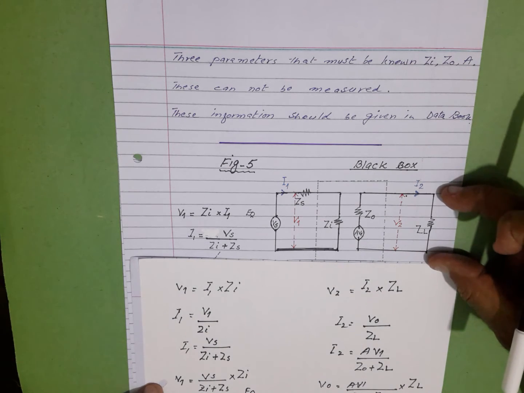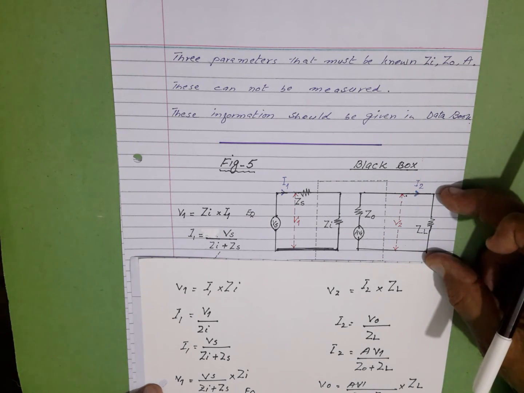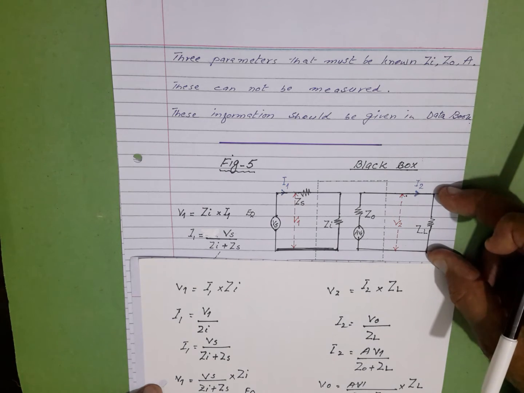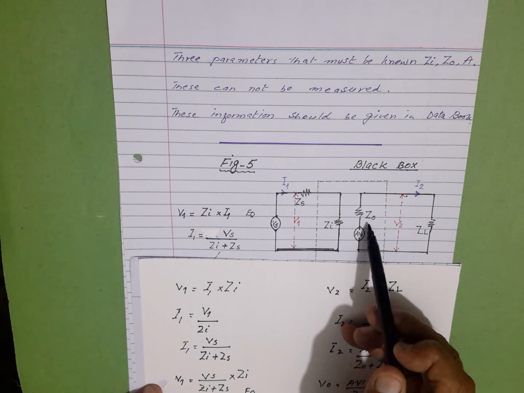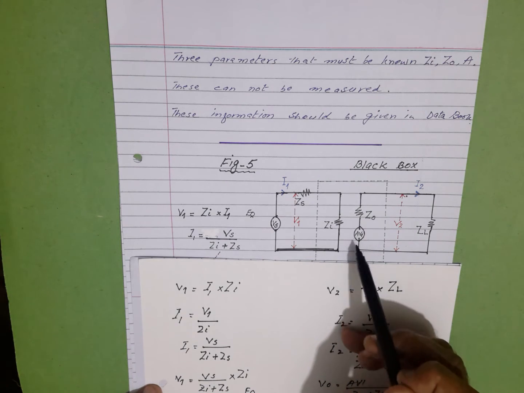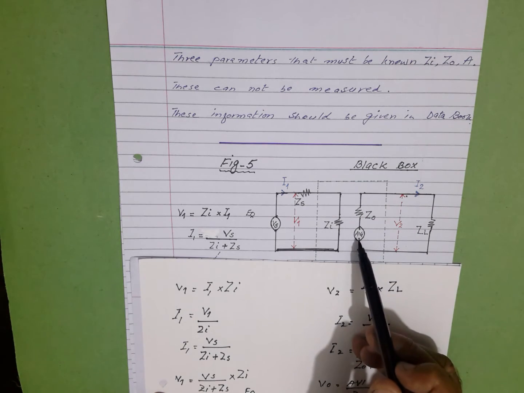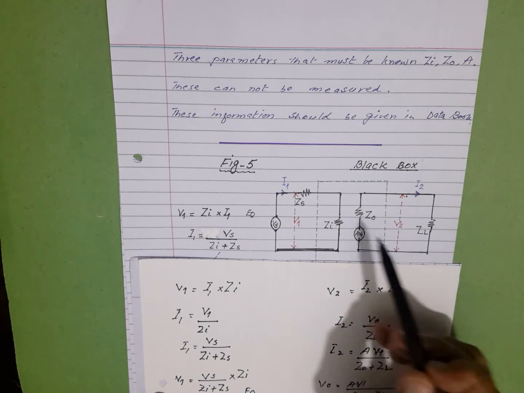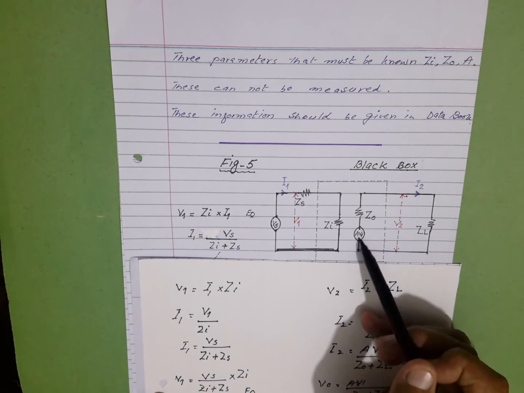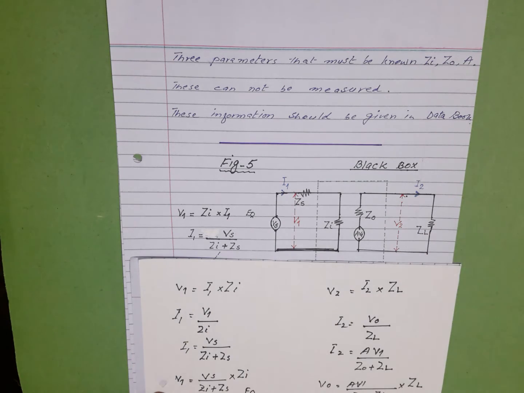Now the output voltage can be maximum. We can increase the output voltage if we use a large value of ZL. Of course, when ZL is large, it is going to develop more voltage. Or keep ZO minimum, then it will drop less voltage and most of the voltage appears in the output. For example, there are 10 volts here, 2 volts are dropped across ZO, we get 8 volts in the output. But if ZO is minimum, all the 10 volts will appear across ZL, and we get maximum voltage in the output.